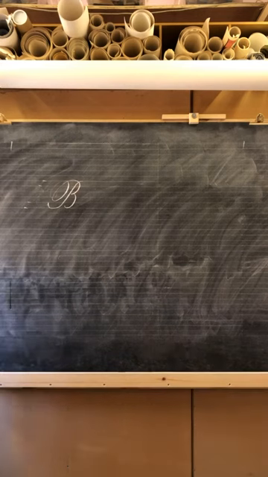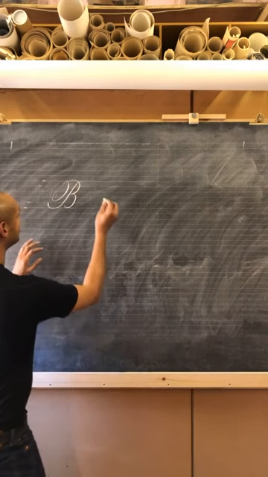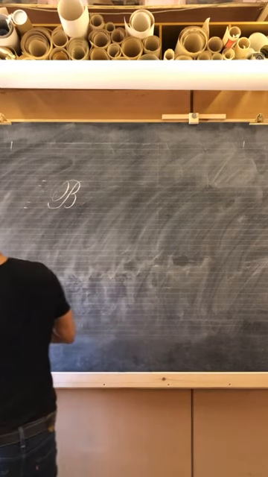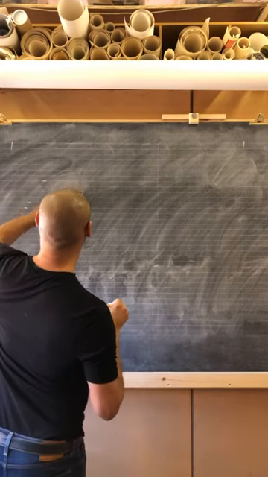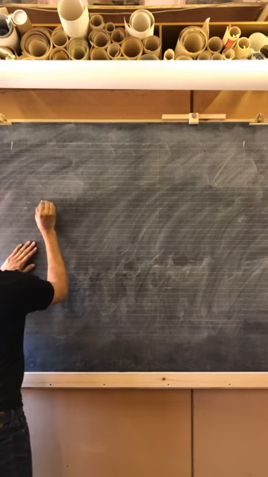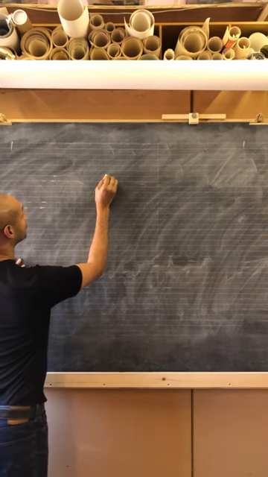Excuse me, chalk dust. Right. So 1, 2, 3, 4, 5. That's 5. That should have been 6. Sorry. So I'm just going to write the letters. 1 and 2 and that and that.